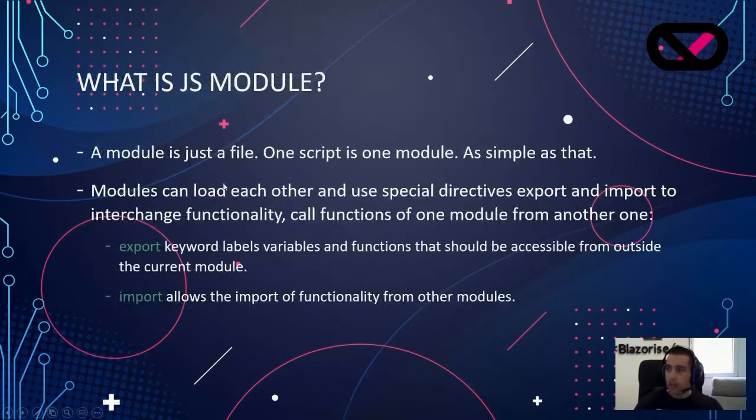So what is a JS module? A JS module is basically a single JavaScript file. That's the simplest explanation that I can give. The good thing about JS modules is that instead of having one large JavaScript file that is loaded when the page is shown to the user, a module can be loaded dynamically when it's used.